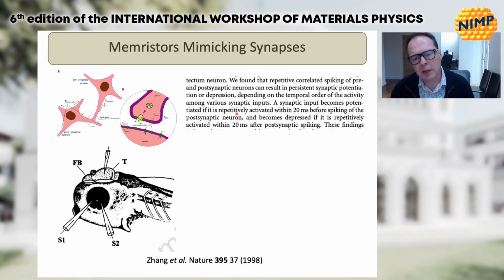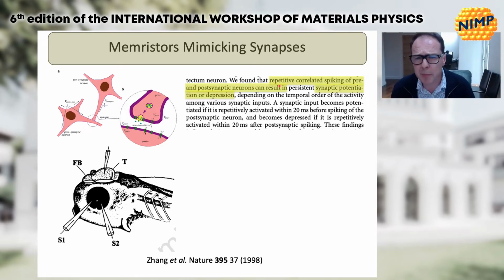And what I just want to do is do a show and tell to say, the crucial things that Zhang et al. have picked up for real synapses are things that we're picking up for our domain wall memristor device in the lithium niobate. So first thing, I can't read this because the chat box is in the way.